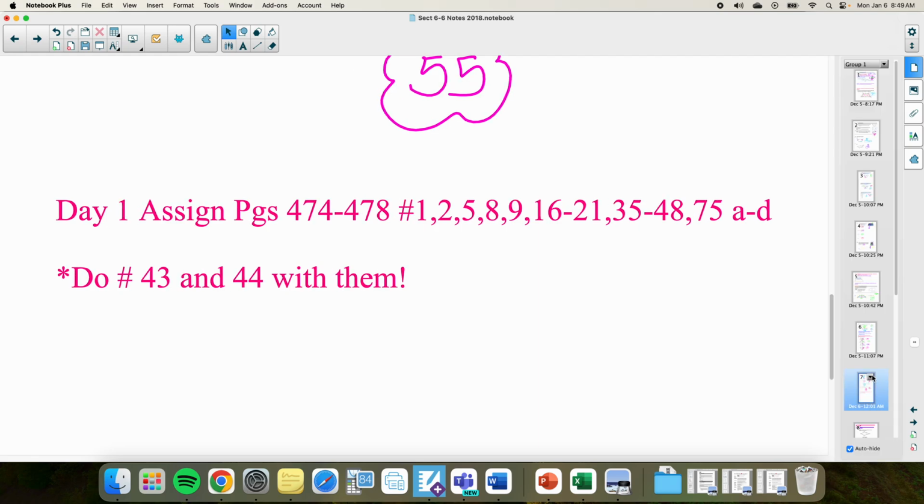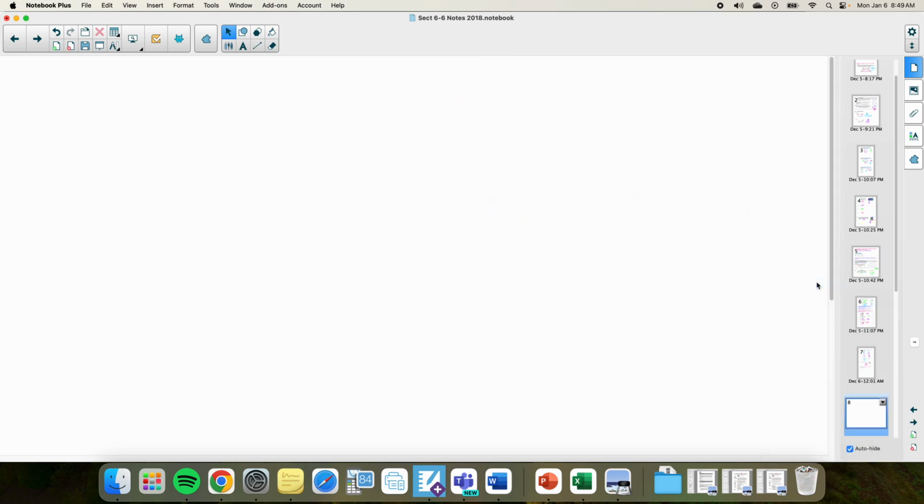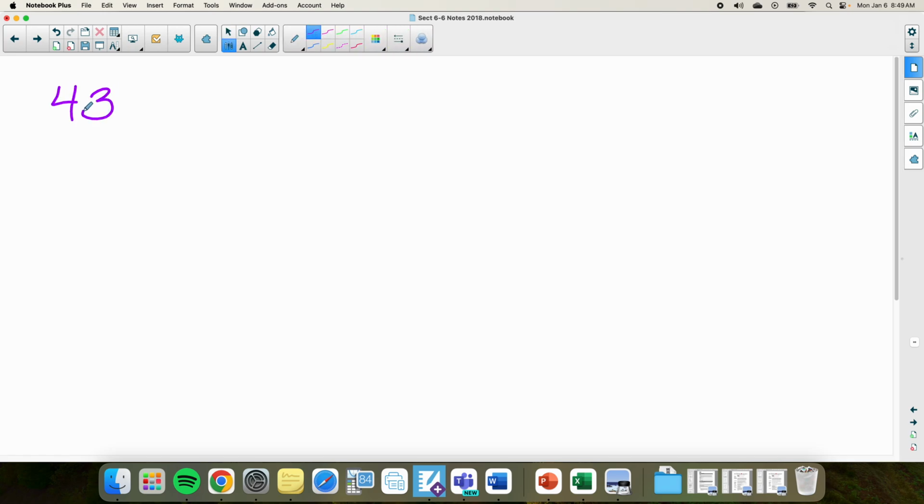So I am going to start a new page here for this. And we're gonna do 43 and 44 because I did not do any like this. They're harder. So number 43 gives you a trapezoid.